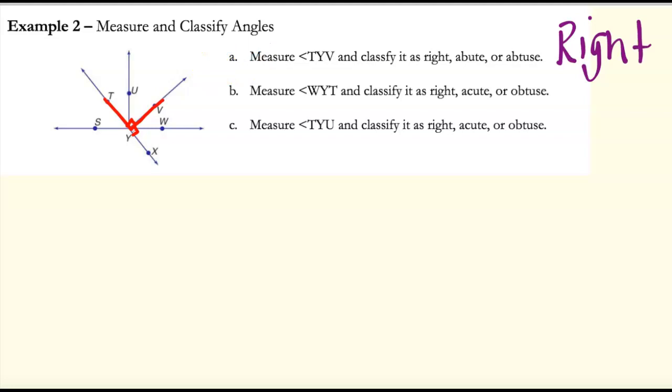Okay, and then we're going to go on to the next one, WYT, so W, Y, okay, and that one is going to be obtuse. Then we go on to the next one, and we're looking at T, Y, U, and that one would be acute.